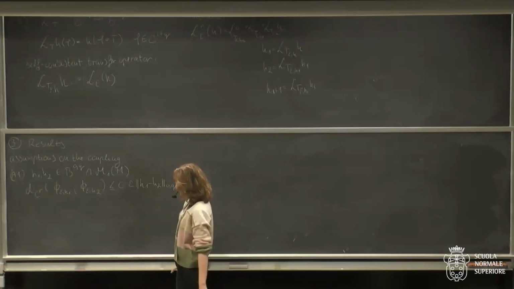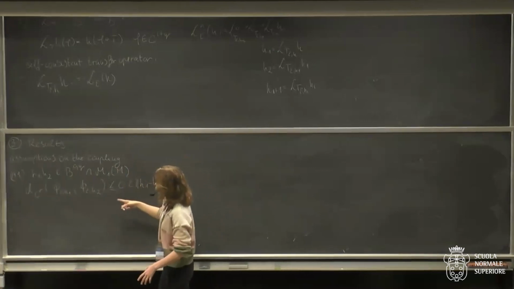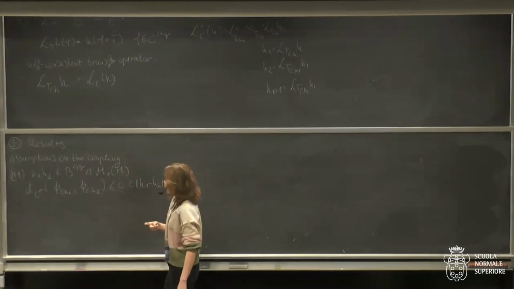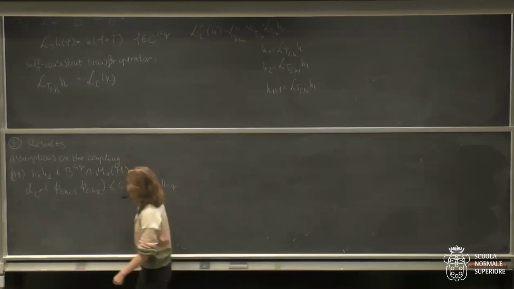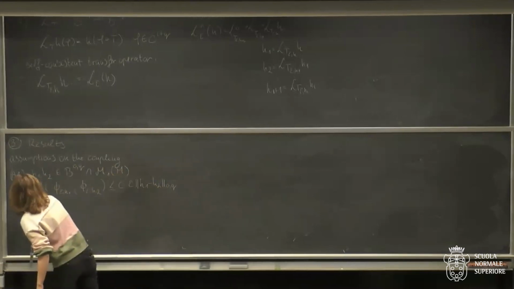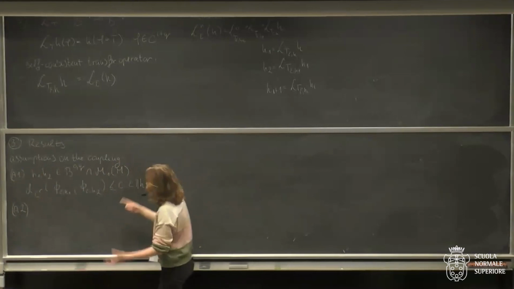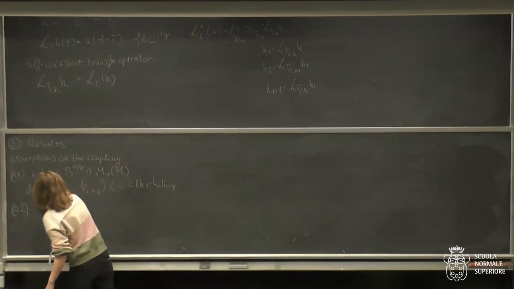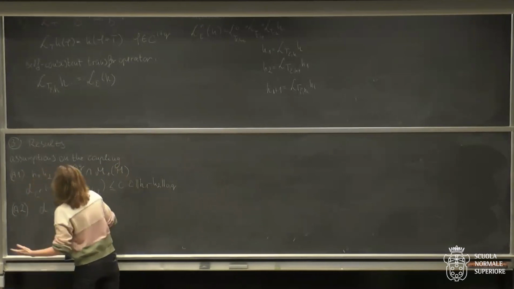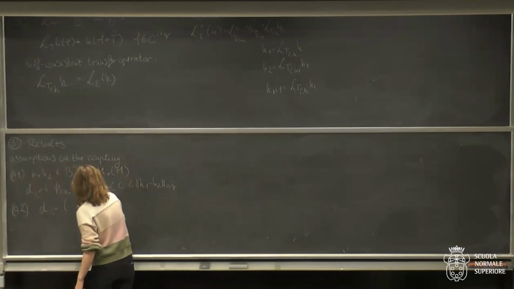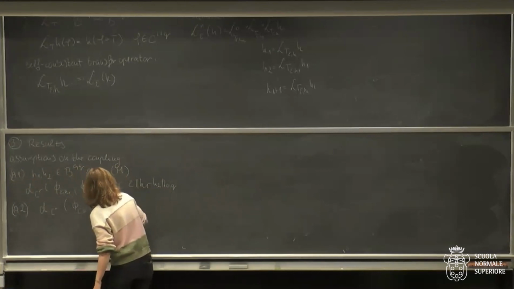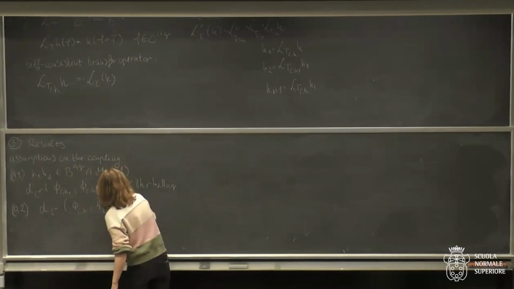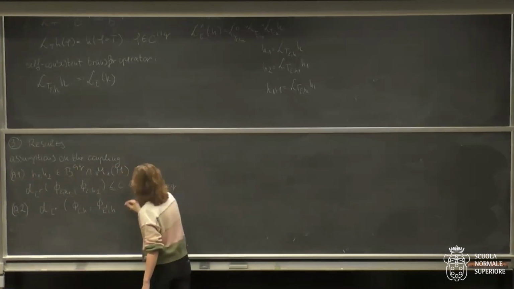So this is what we assume about how the coupling changes if we change the state of the system. And our second assumption is about how the coupling map changes if we change epsilon. Here we assume the same thing, except now I am going to change epsilon to some epsilon prime, and H stays fixed.